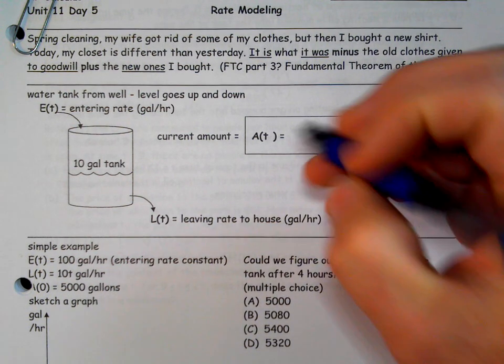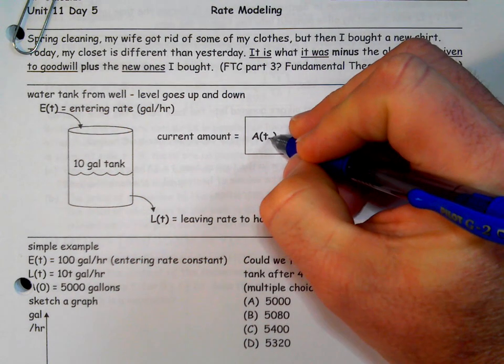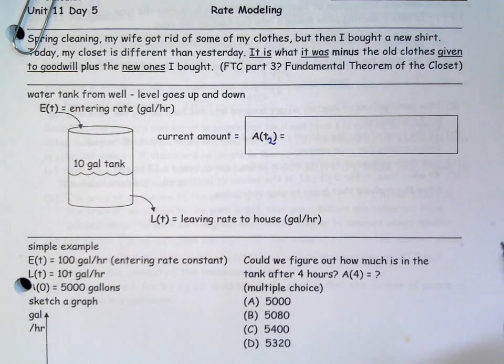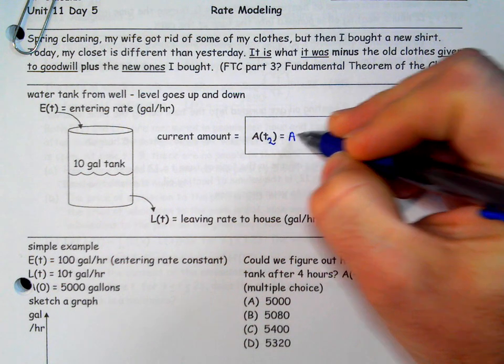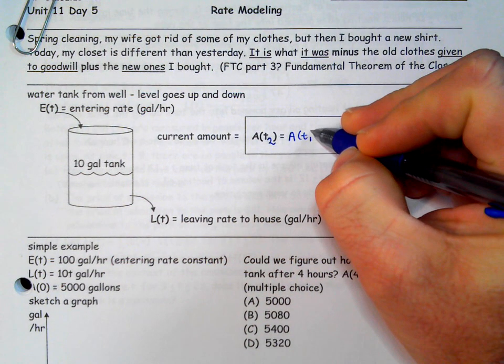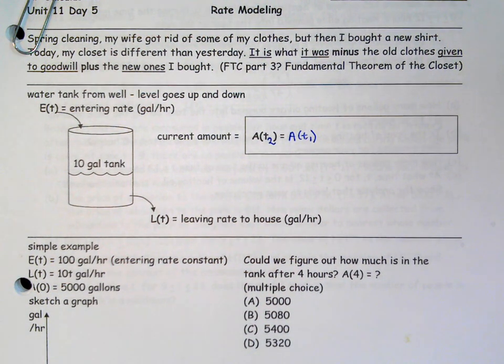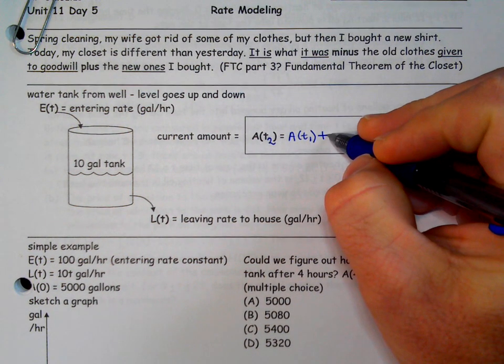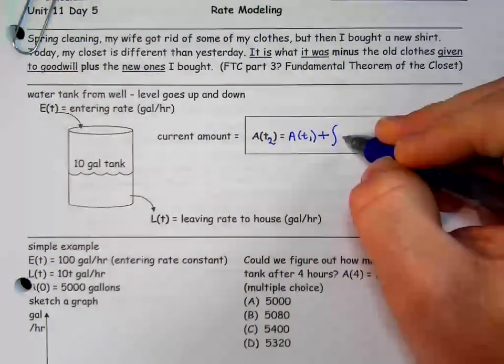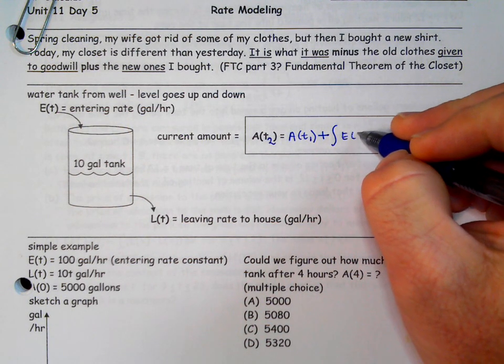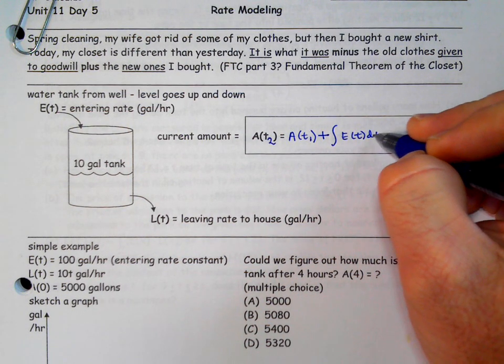So the current amount at some later time t is going to depend on the amount that we had earlier. So there's some known amount at some point, like an initial condition, plus the integral of the derivative of what's entering.